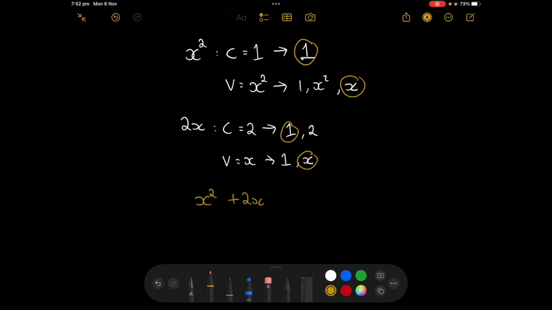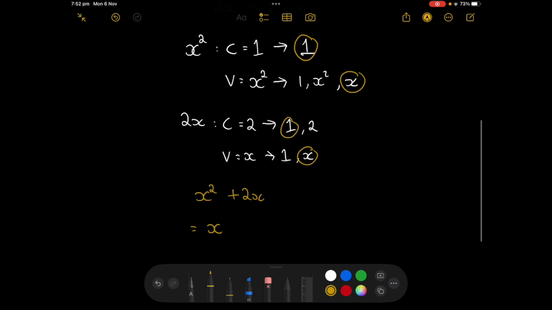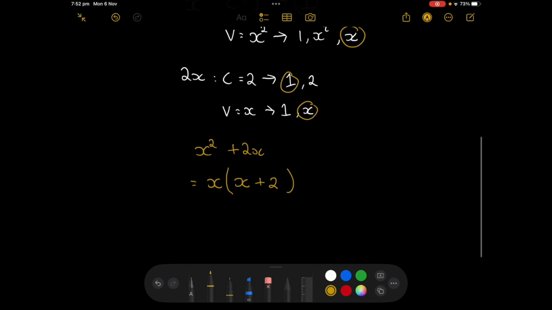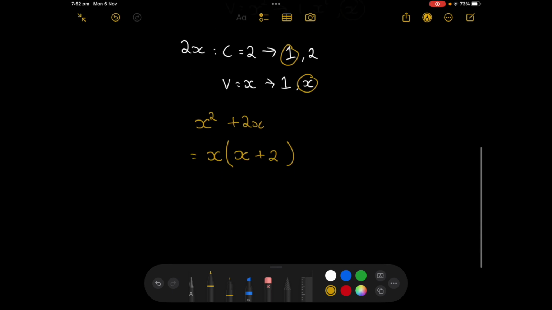So what that means is we take our highest common factors outside of the bracket, so we would put 1x, or in this case just x, which means the same thing, and then everything else goes inside brackets. So x squared divided by x is just x. 2x divided by x is just 2. So the factorized form of x squared plus 2x is x times (x plus 2).